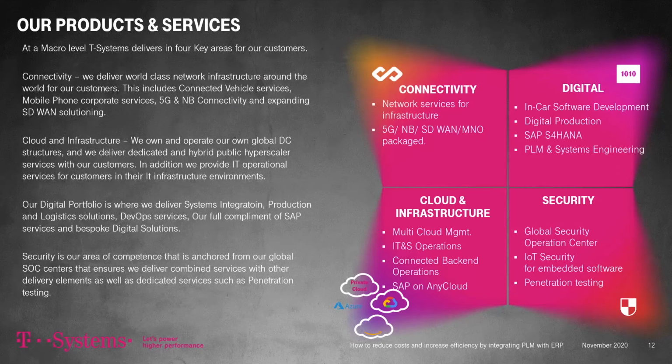The bottom left is about the cloud and infrastructure. T-Systems is world-renowned for private cloud in our own data centers for our customers, but we support many of our clients in their own data centers, as well as this new shift to public hyperscaler. So how can we help our customers land their infrastructure in the environments that make the most sense to them?